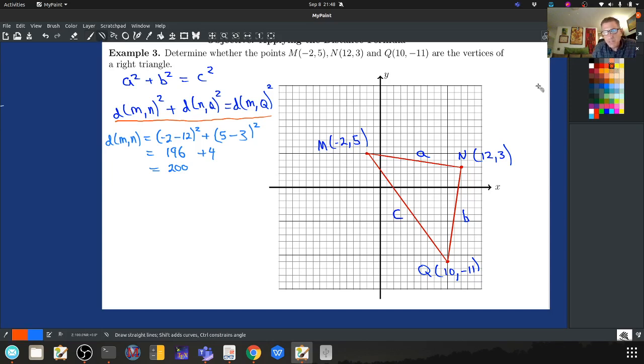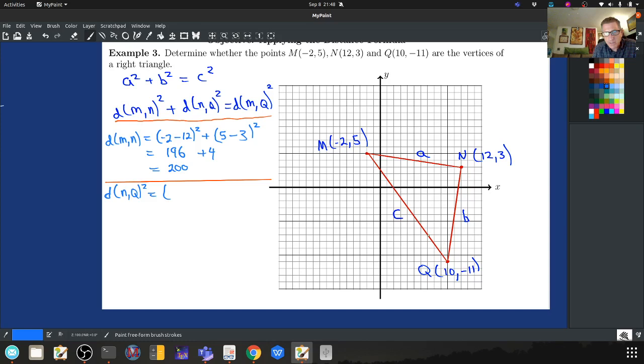So let's do the next part. The next thing I want to do is find the distance between N and Q squared. So the distance between N and Q squared is the difference in their x values.